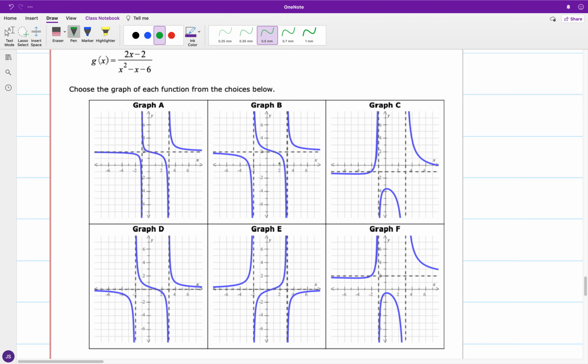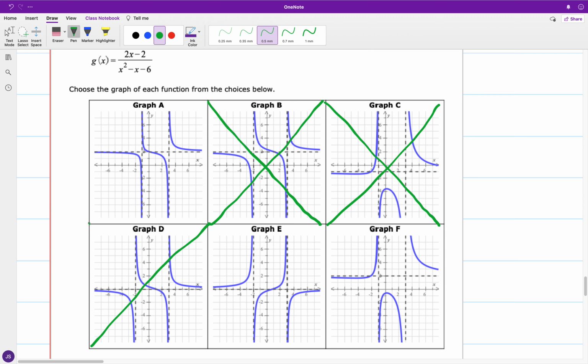You've got -2, 3, so you don't have quite the same thing with B. So B is going to go out, since it does not have x equal to -1 as an asymptote. We have -1, 3, but the wrong horizontal asymptote for graph C. Graph D is out of the picture. For graph E, we have the wrong horizontal asymptote.